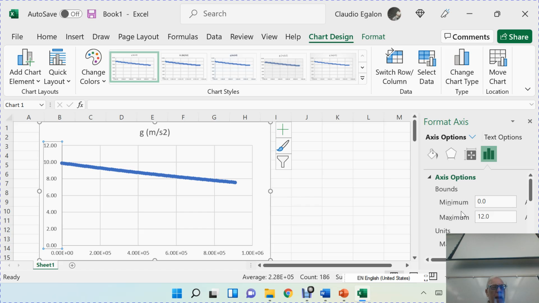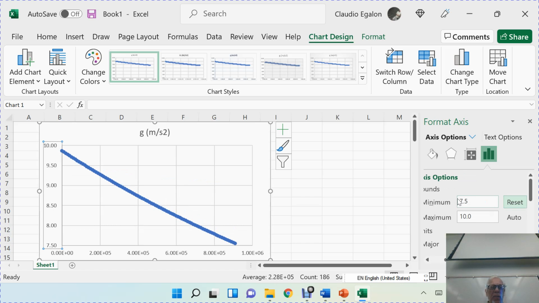Let me get this thing 7.5 here. Maybe we'll start to see, or maybe you won't. Yeah, it still looks like a linear decrease, right? It's not linear, but it looks like a linear decrease because we're getting a very small section of the graph. Okay? It looks like there's a little bit of a curvature here, right?